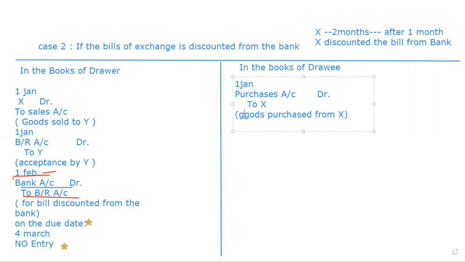Now, the next entry will be on 1st January. On 1st January, the bill is drawn.